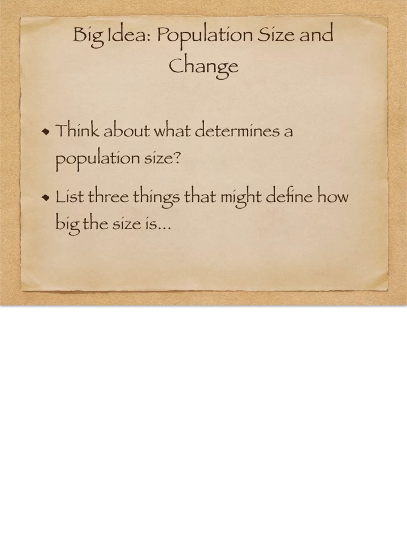So can you think of 3 things that might define how big the size of a population is? Think about it for a second and see if you can name 3 of them. Pause the video and write them down.